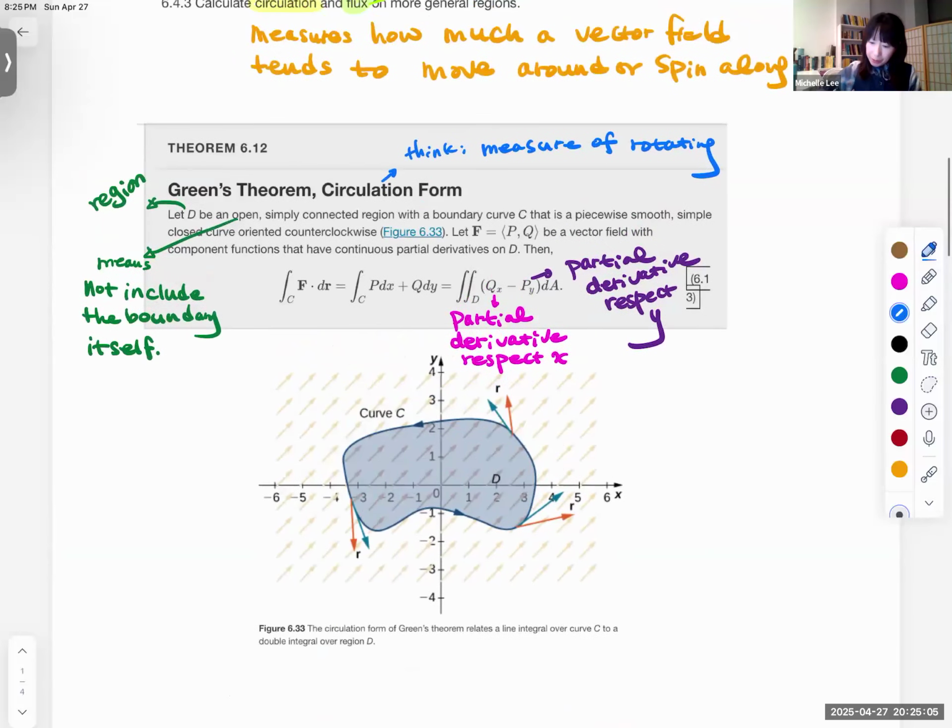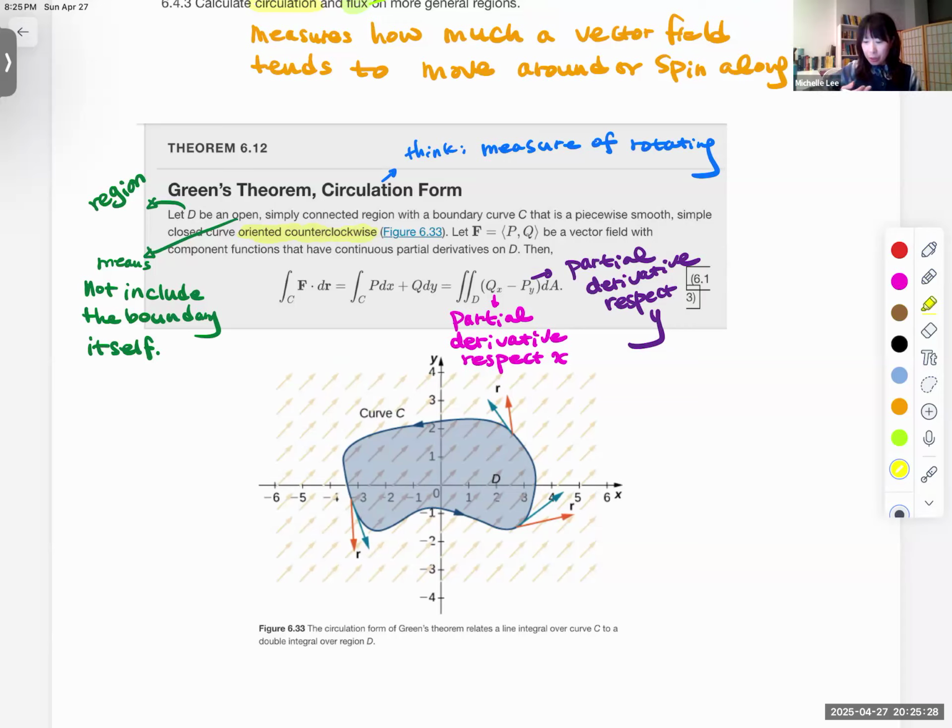Green's theorem says that the curve is oriented counterclockwise, right?